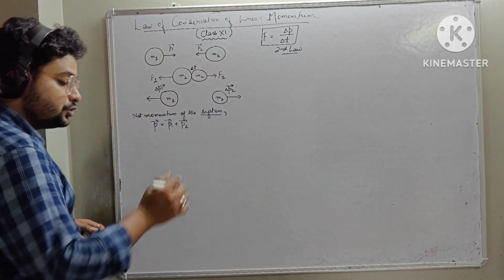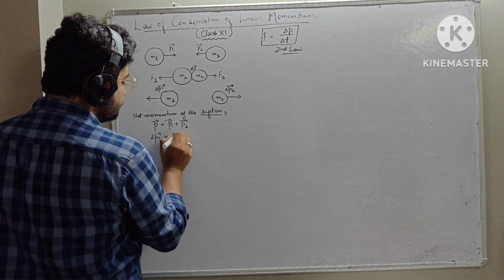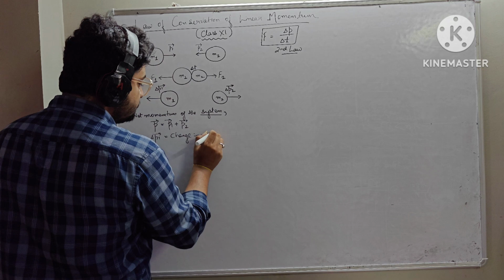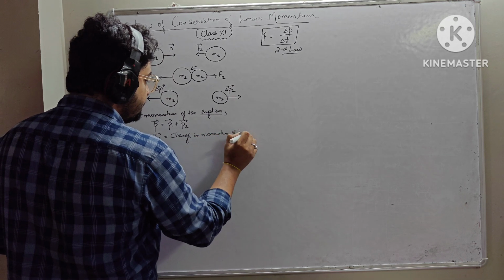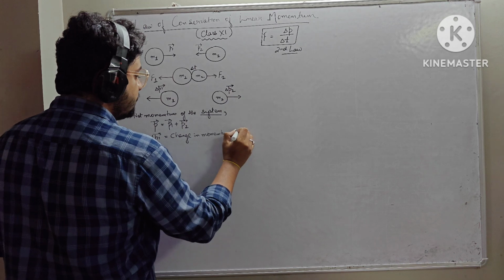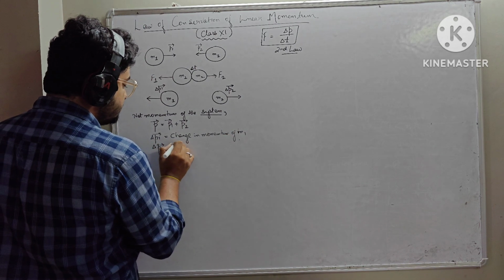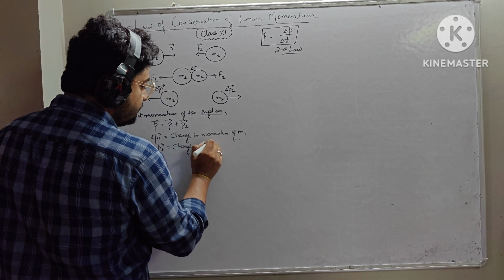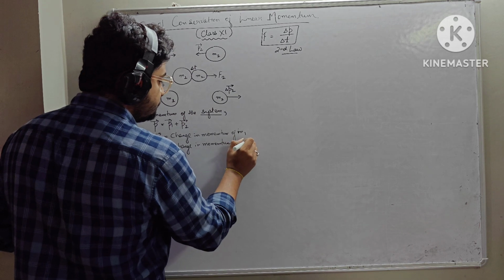So here I can write delta P1 equals the change in momentum of M1, and delta P2 is the change in momentum of M2.